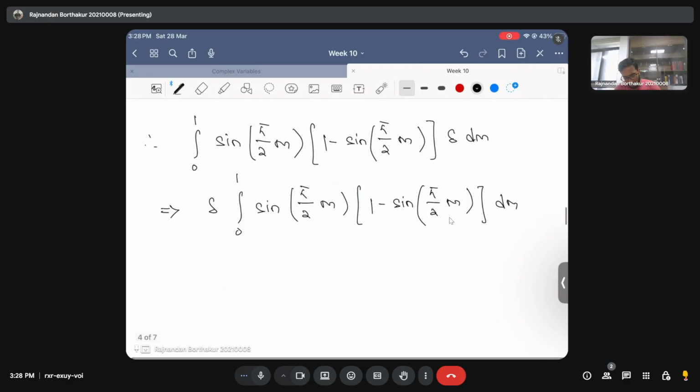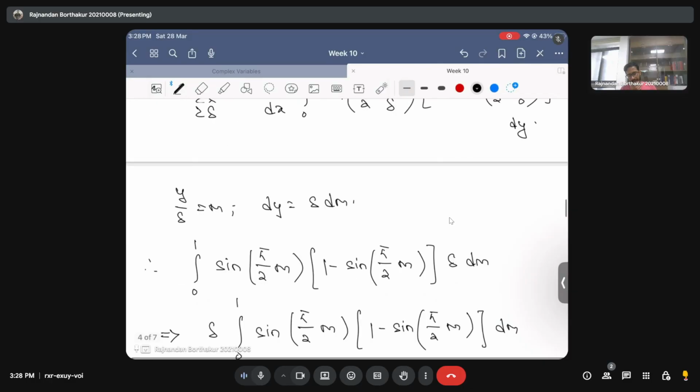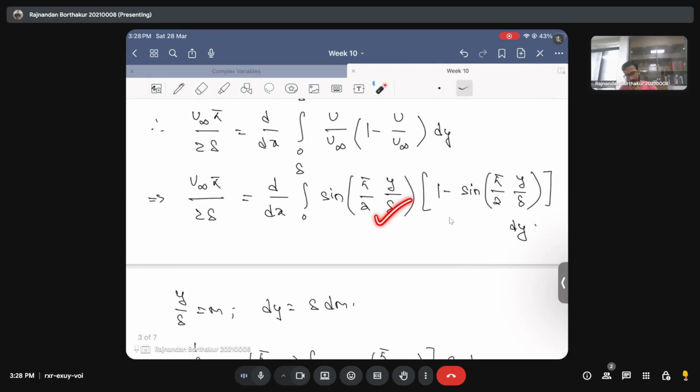I'll tell you that once you do this integration, and I have done it at my end, it will give you a value of 2 by pi times (1 minus pi by 4). That's what this integration will eventually give you, which means I can then substitute it here.